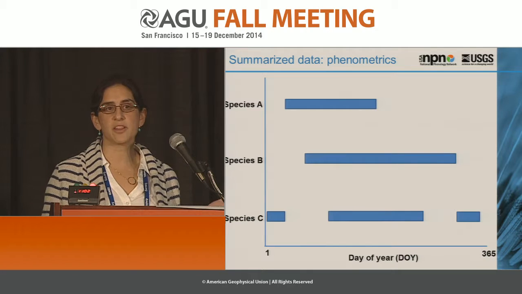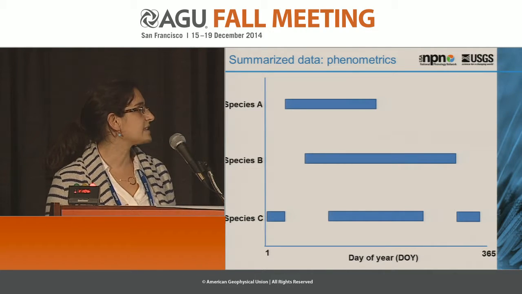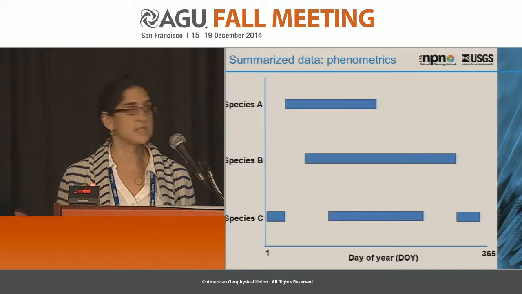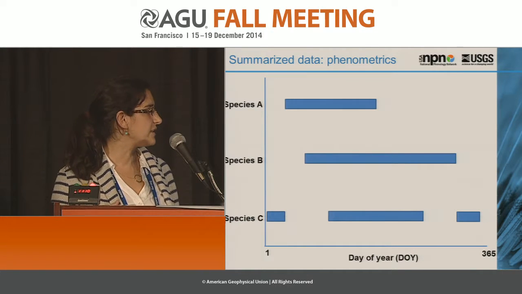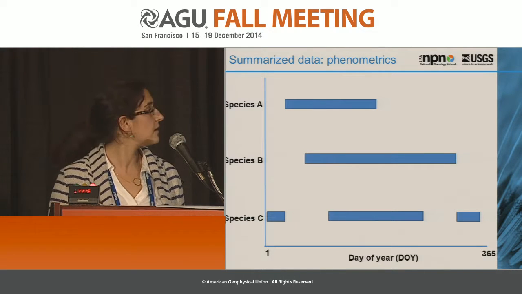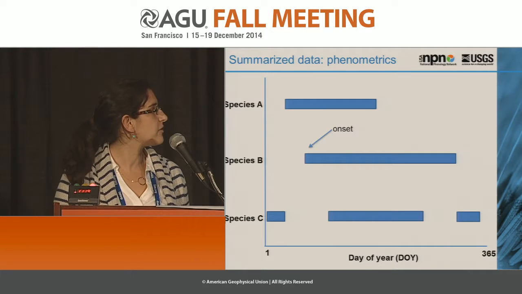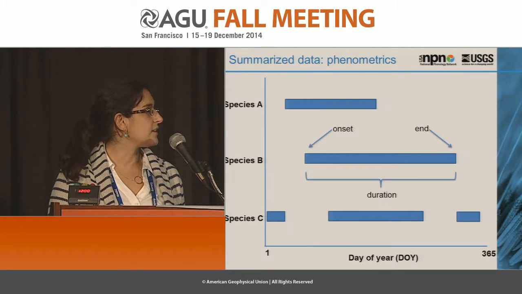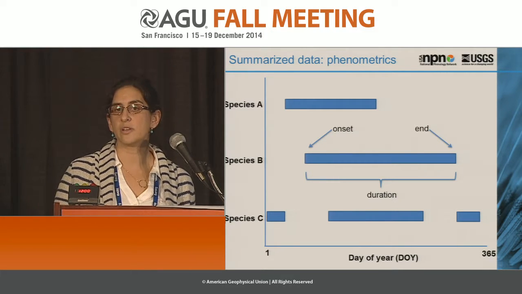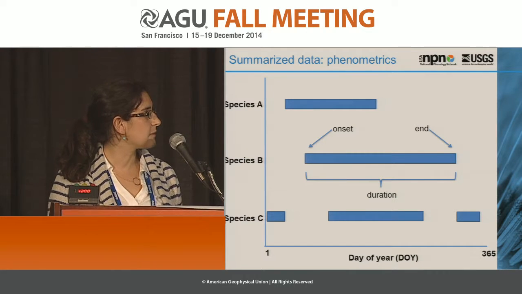Here you're seeing a theoretical phenology calendar. The species A, B, and C along the axis could also be individuals or sites. And then you have day of year on the x-axis, just showing the general period of interest. So we take our raw data and we derive from that onset and duration for individuals, and then eventually we'll be providing this information at the site and regional level as well.